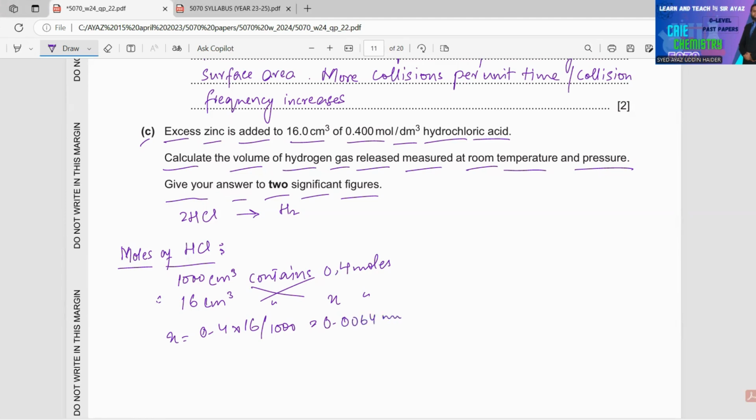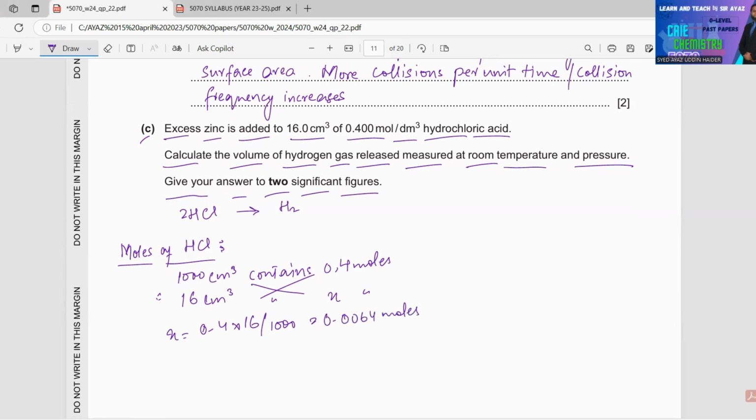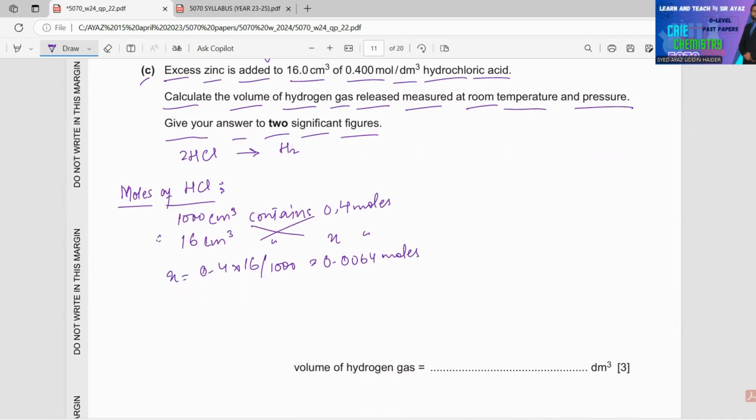These are the moles of hydrochloric acid. According to the relation, we have HCl and H2 here, 2 moles producing 1 mole. Therefore, 0.0064 moles produces X mole.